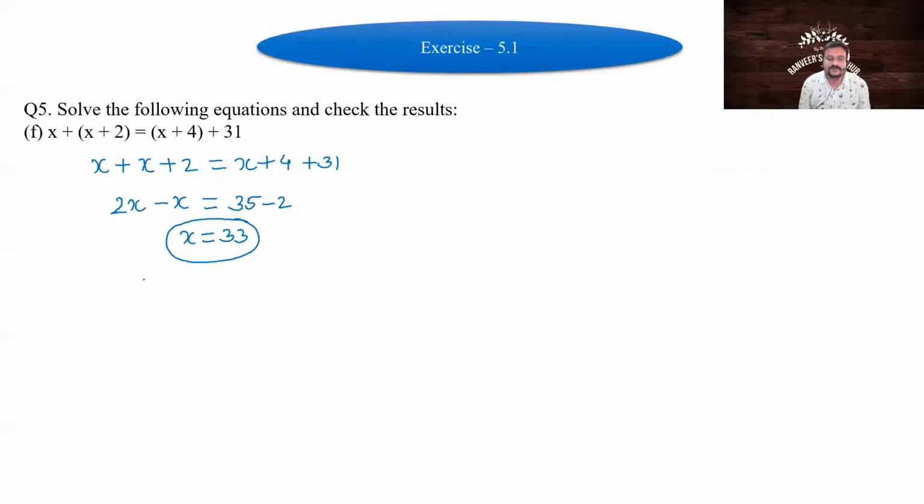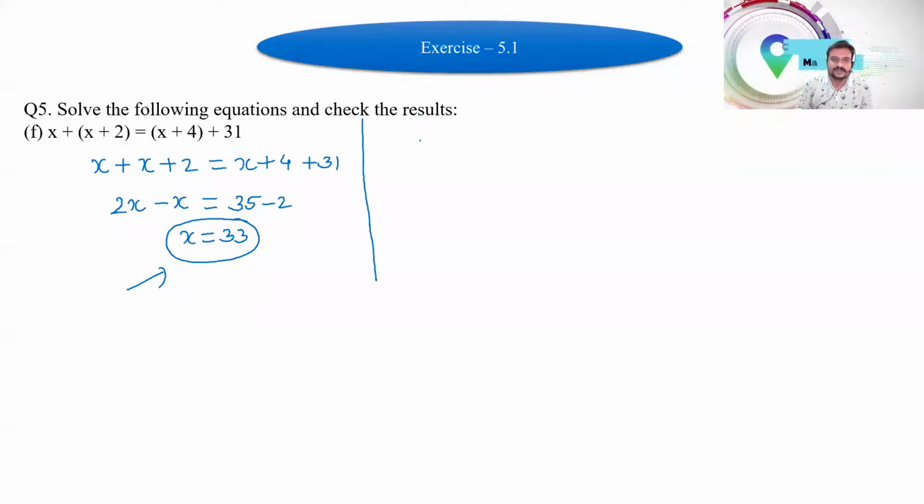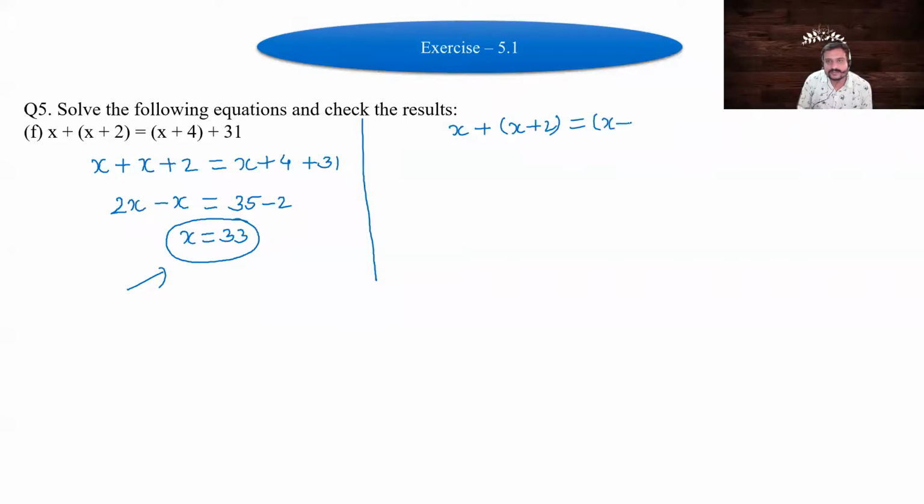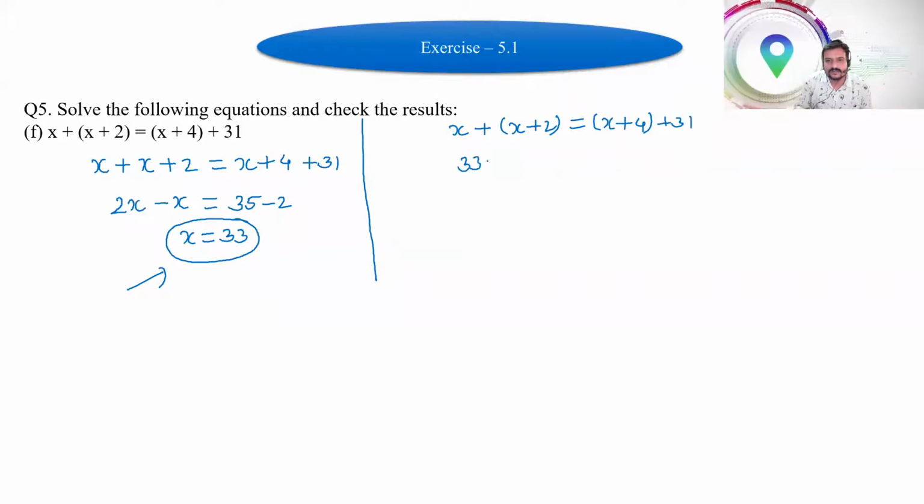Is this question clear to you? Now we will have to check it. Our main equation we will write first: x plus 2 is equal to x plus 4 plus 31. So 33 plus 2 is equal to 33 plus 4 plus 31.